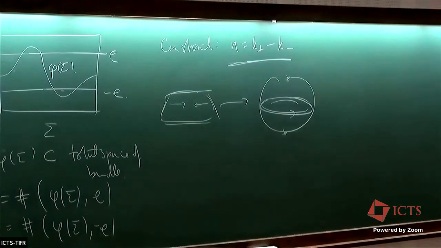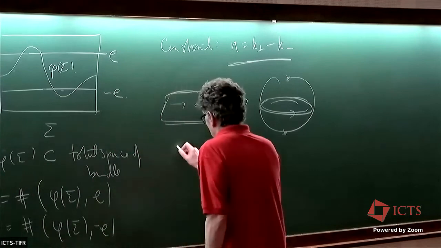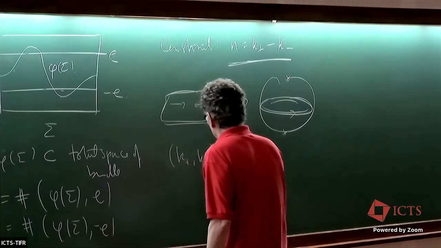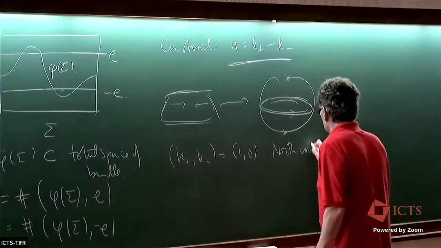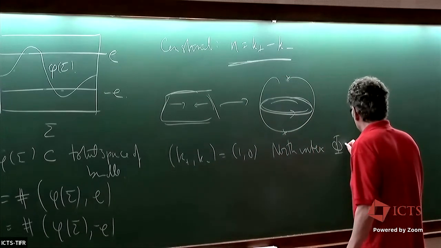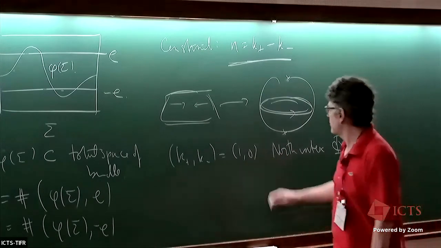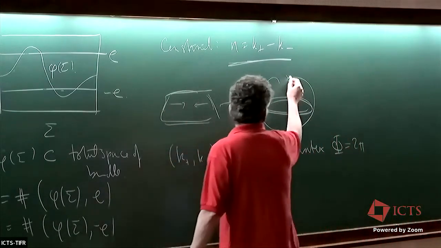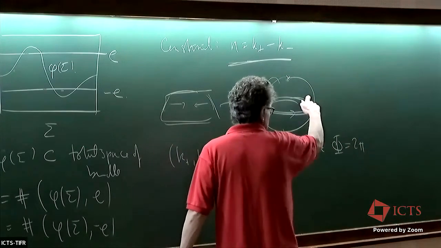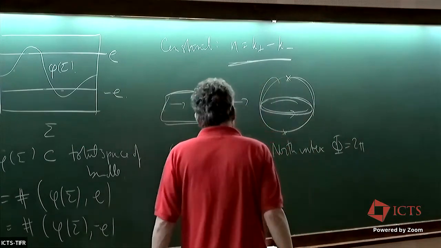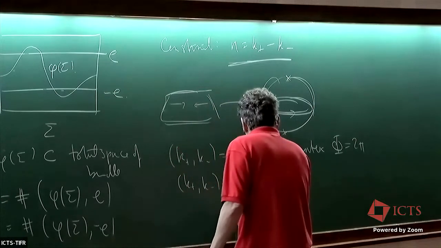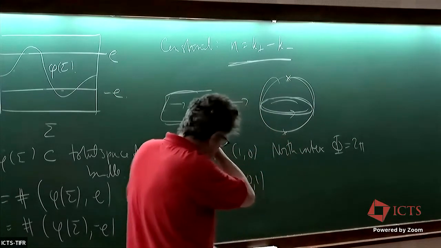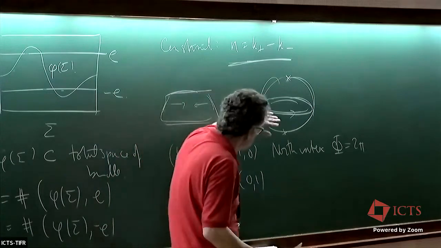Okay, so what we're seeing here is that there are 2 different kinds of vortex here. If k plus, k minus is 1, 0, then that's what I would call a north vortex. It has total magnetic flux 2 pi. And what it does is it just maps the whole plane to the upper hemisphere, where you wind once around the equator. Okay. But there's also something where you instead map the whole plane to the southern hemisphere.